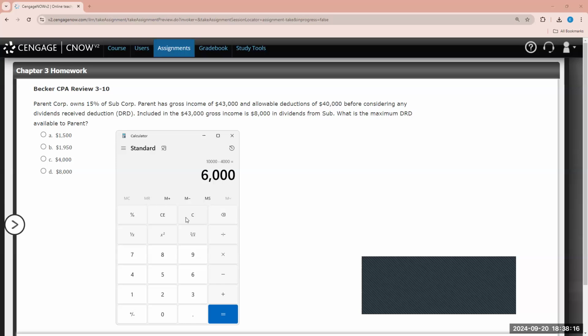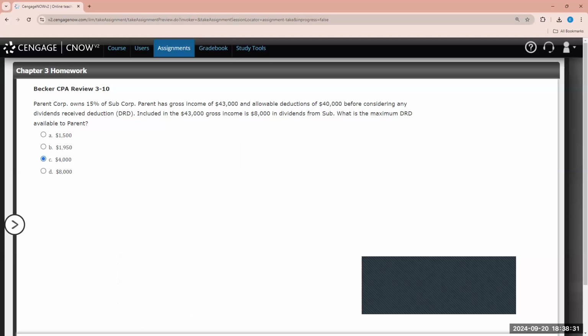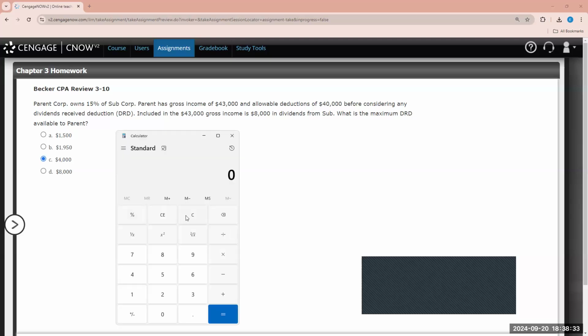In that example, again, the key thing is when we take the dividends received deduction, if it creates a net operating loss, then the income limitation does not apply. Therefore, in this case, because claiming the dividends received deduction will create a loss, we take the full amount. So again, 43,000 minus 40,000 gives us taxable income before the dividends received deduction of 3,000.